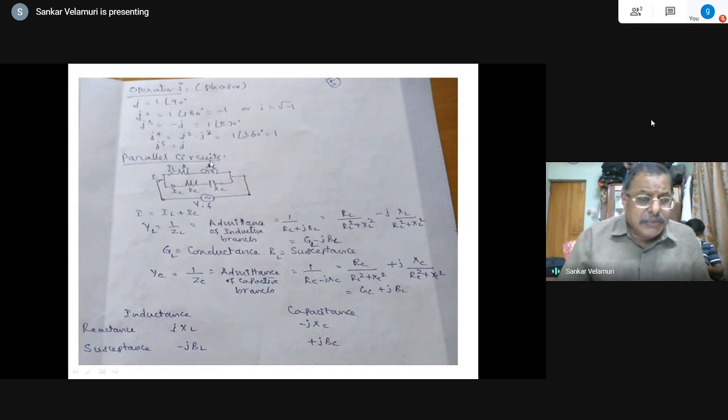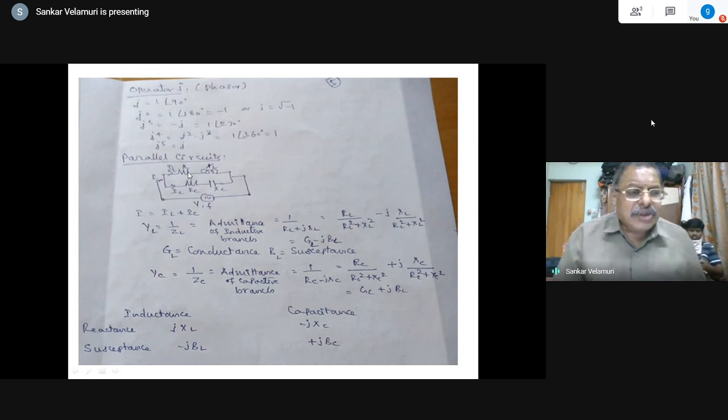Next, I would like to discuss the parallel circuits. The generalized parallel circuit has RL and RC combinations. This is RL, this is XL, RC and XC. IL is the inductive current, IC is the capacitive current, and I is the resultant total current, IL plus IC. For parallel complex impedances, Z is equal to Z1 Z2 by Z1 plus Z2, but we can use the admittance notation, because the reciprocal of resistance is conductance, which is well known.